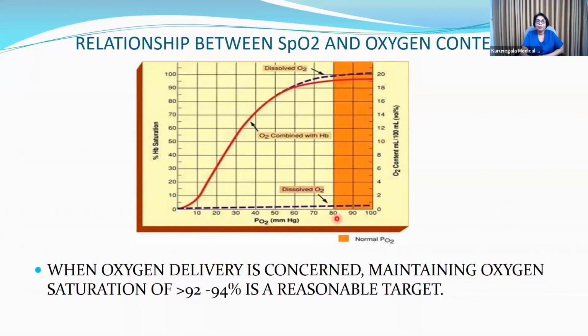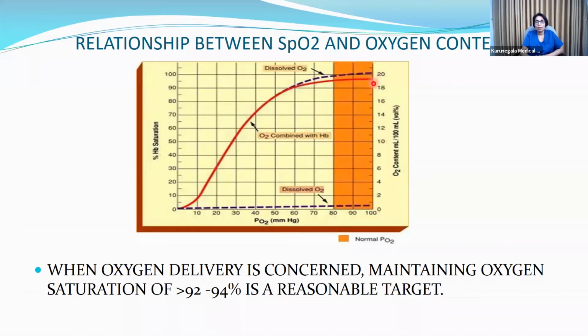Look at these 2 points. When the saturation is 90%, you can see it here, the blood of this patient contains 18 ml of oxygen. If you increase the saturation to 98%, that's the normal arterial point, it contains 19 ml of oxygen.